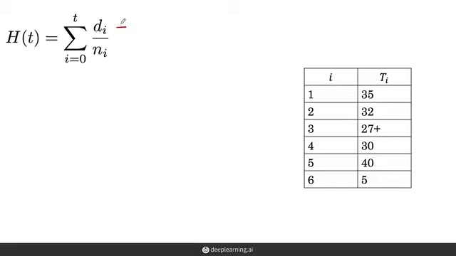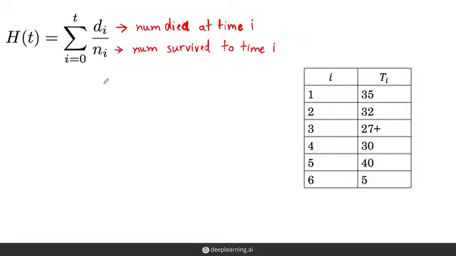As a reminder, d_i is the number that died at time i, and n_i is the number that survived to time i. Those are the quantities that we have seen previously when we looked at the hazard. And remember, the cumulative hazard is the sum of the hazards over time.